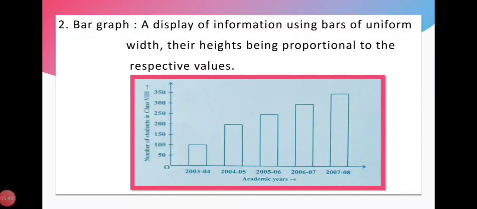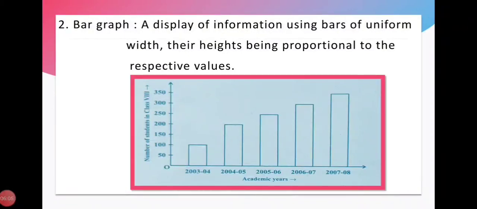And on the vertical axis, we have taken the number of students of class 8, that is 50, 100, 150, 200, 250, 300 and 350. Then according to the respective values of the academic years, we draw the bars.